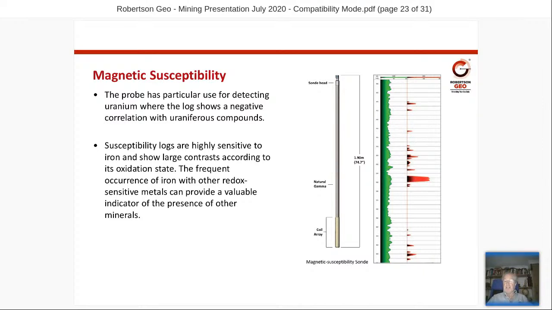And you can see an indication in the log on the right-hand side how it's picked out that type of sensitivity. Frequent occurrence of iron with other redox sensitive minerals provides a valuable indicator of the presence of other minerals. So often used in conjunction with other tools like the formation density tool, but used in very specific circumstances for the ores that are mentioned there.